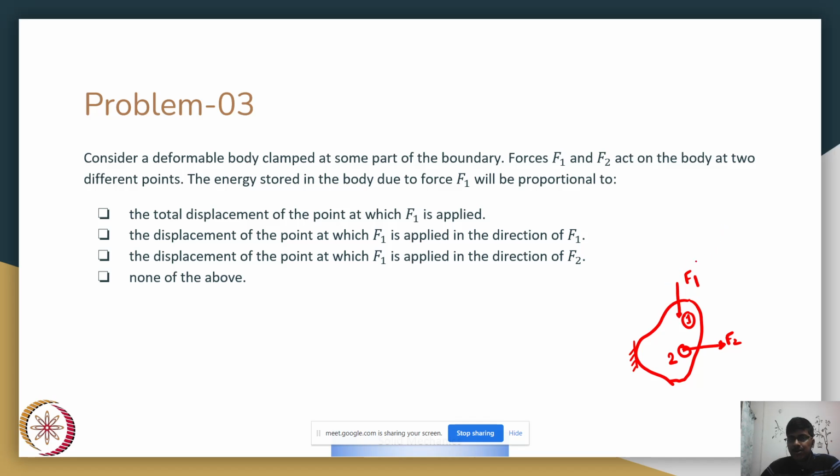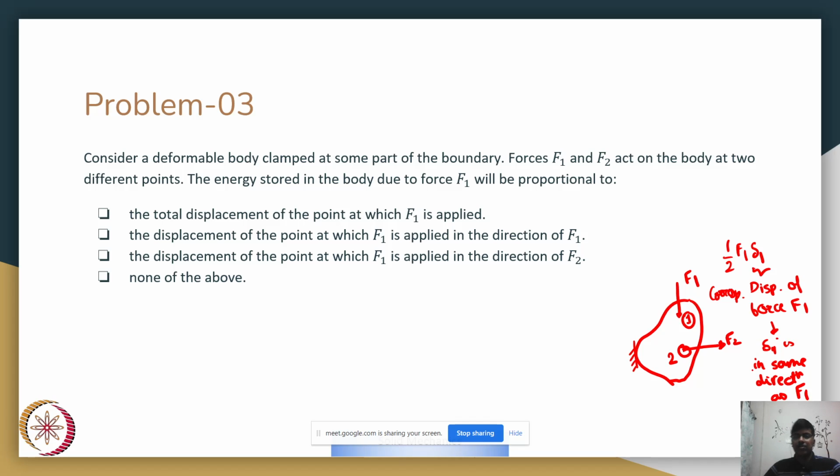So as you know, the energy that will be stored in this body due to force F1 would be half F1 delta 1, where delta 1 is the corresponding displacement of force F1, which would mean that delta 1 is in the same direction as F1.